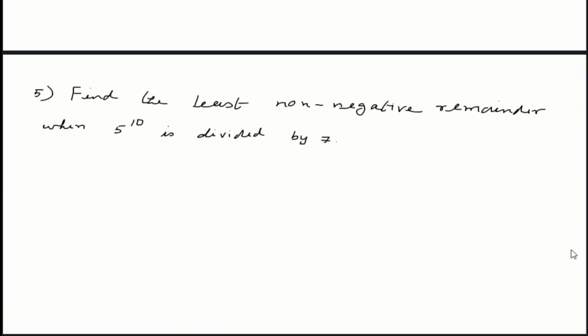Find the least non-negative remainder when 5 power 10 is divided by 7. So again, 5 square is equal to 25. 25 is congruent to 4 mod 7.